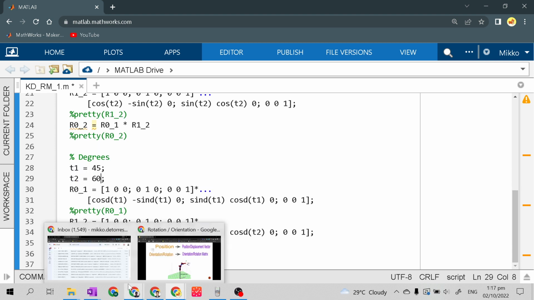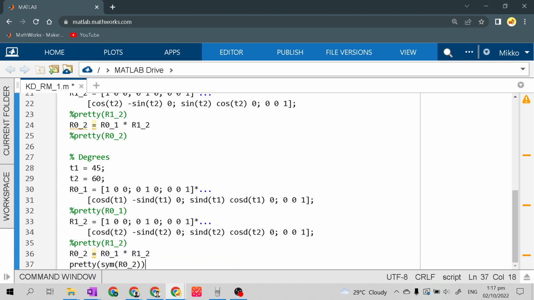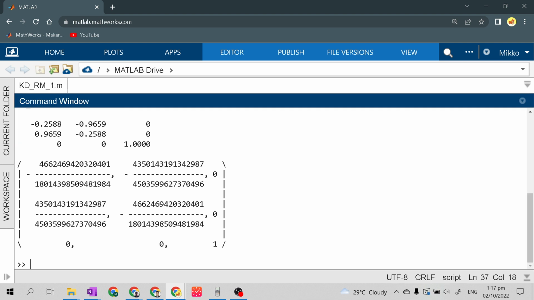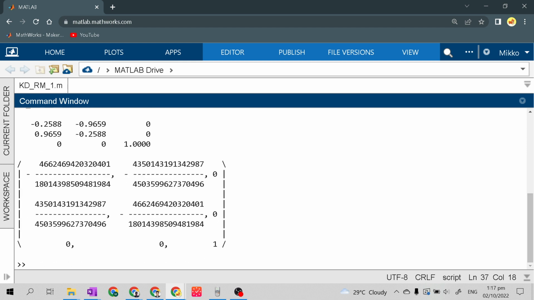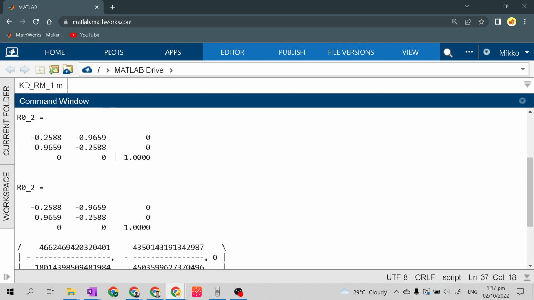Then F5. So this is the answer. This is in decimal, this is in fraction, and the fraction is not pretty. So let's go to the decimal. This is the rotation matrix when T1 equals 45 degrees and T2 equals 60 degrees.